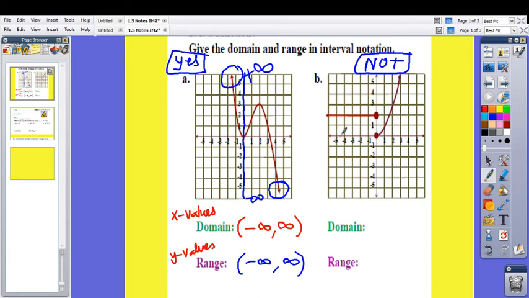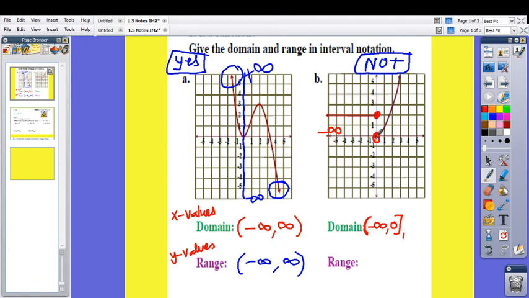So this one, if you focus, this is your x equals 0 here, and then this is going towards negative infinity. So we will write down negative infinity and 0. Now it is a closed dot, and this one will be parentheses.